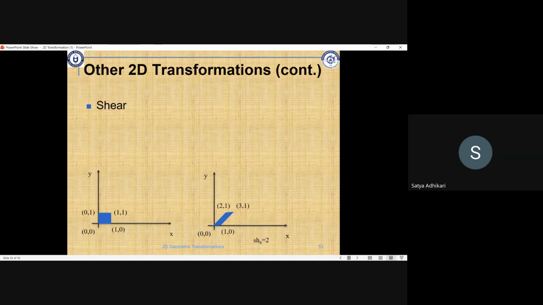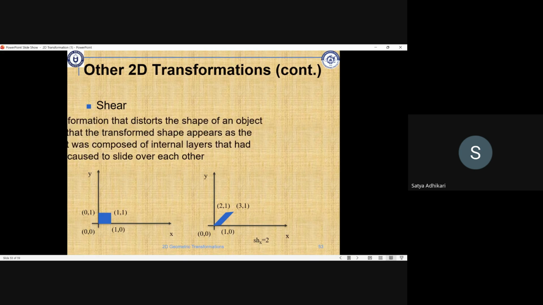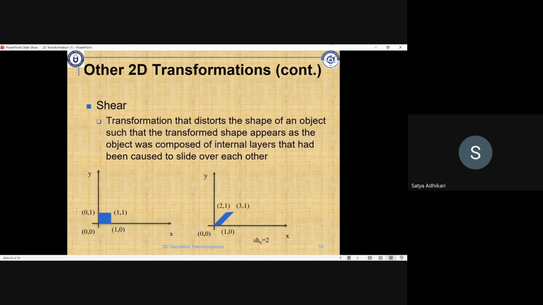The side lengths change, but the area must be the same. The area of that and the area of this is the same. Okay, but you see now the shape changes. Shearing is a transformation that distorts the shape of an object so that the transformed shape appears as if the object was composed of internal layers that had been slid over each other.